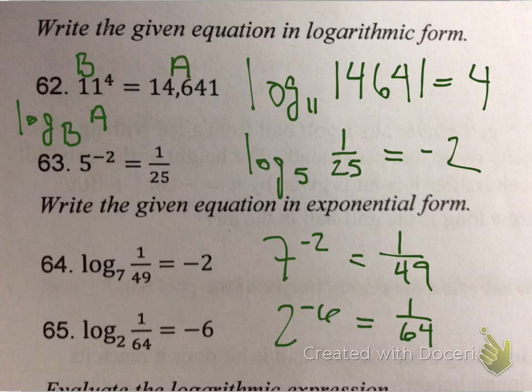And if you're going the other way, you've got base, exponent, answer. You can see where those are located. So that should hopefully make those easy.